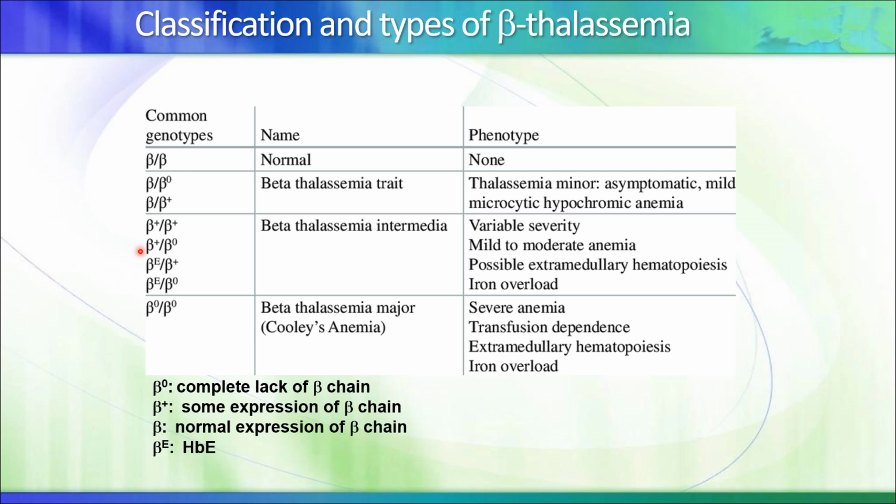You can have one of them being mutated altogether, not producing any beta globin at all, and the other one is defective, producing some. You can have individuals with HbE, okay, but the other allele is mutated, producing little amount of normal beta globin, or you can have these individuals as well.